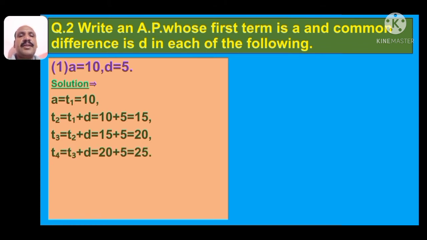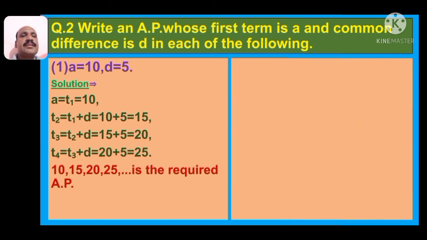T4 is equal to T3 plus D, is equal to 20 plus 5 is equal to 25. Here 10, 15, 20, 25, and so on is the required AP.